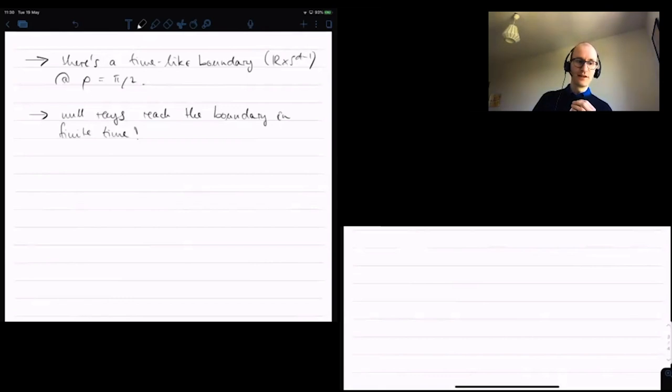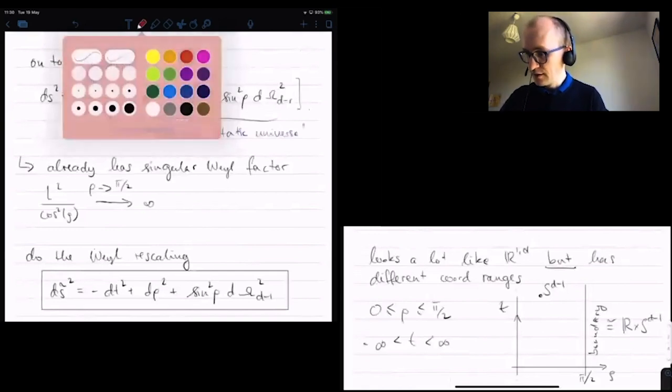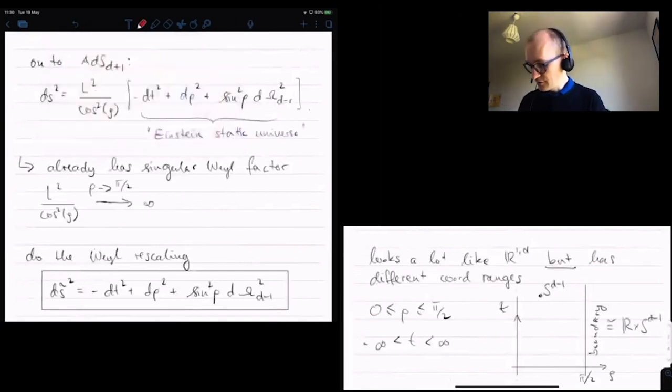In anti-de Sitter, you can't do that because those things bounce back, right? What it means that they come back in finite time is that you could send out a light ray here, and sooner or later you'll see it again. It'll come back.